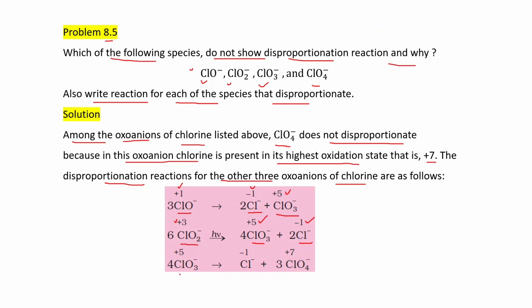In the same way, in ClO3 minus the oxidation state of chlorine is +5, and this changes to -1 and +7. So we can say that for a disproportionation reaction, the element must show at least 3 oxidation states, and on the reactant side, the oxidation state of the element should be intermediate.